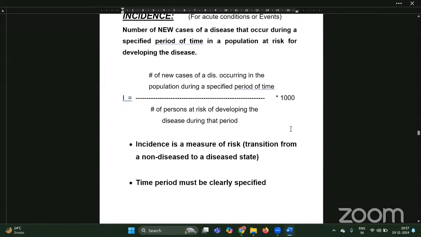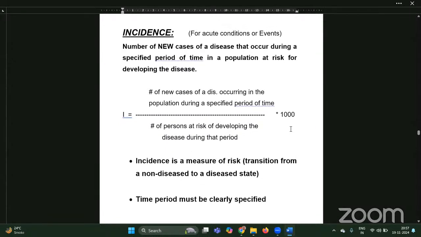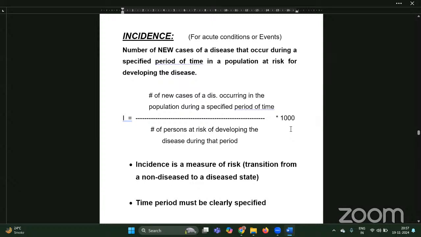Now, this is the definition of incidence. You need to remember the number of persons at risk developing the disease during that period, right? So if you want to find out the incidence of colorectal cancer, you need to find all the people at risk in a 1 year period and ask them.